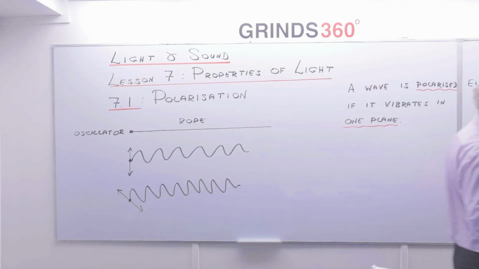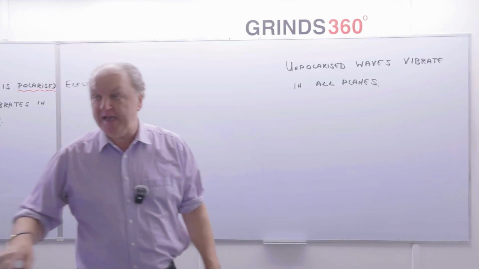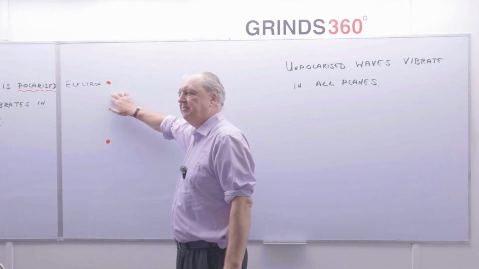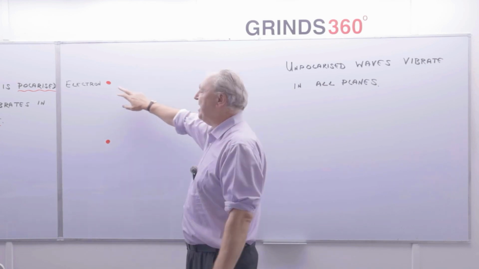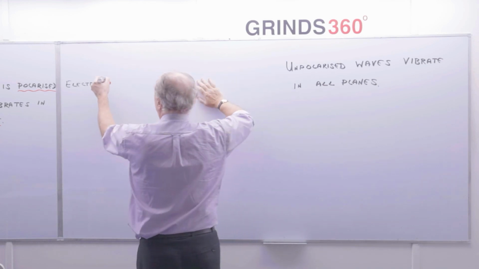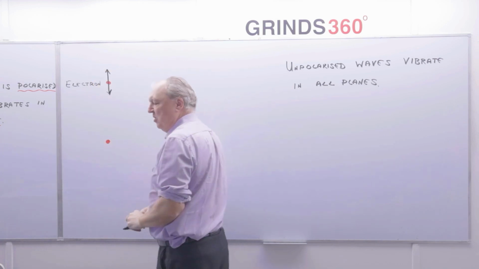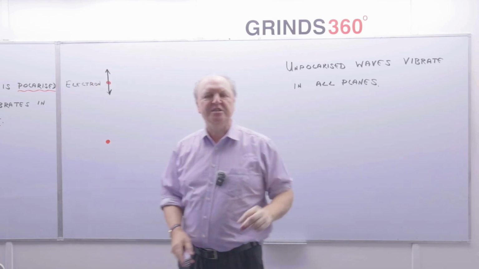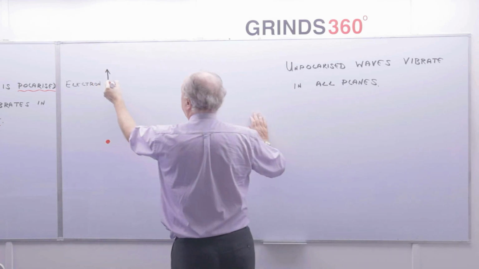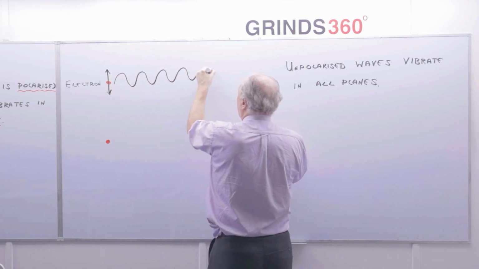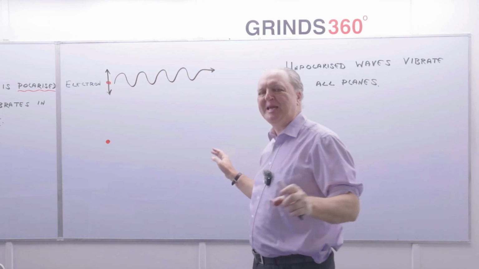If we're talking about generating light waves, well, light waves are generated by vibrating charges like an electron. So, for example, if I have an electron there, and that electron vibrates up and down like that, it's going to generate a light wave. The light wave will travel out like this. That there is an electromagnetic wave. It's a little bit more complicated than that.